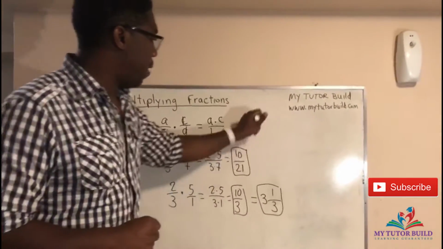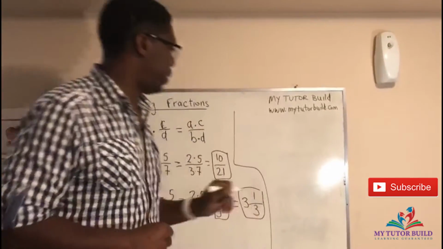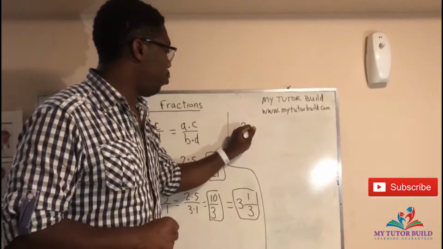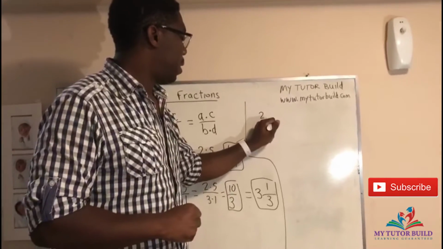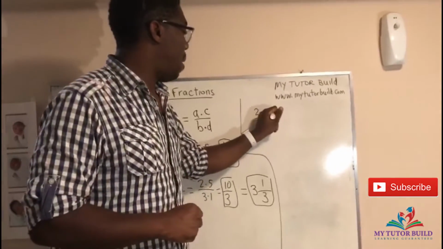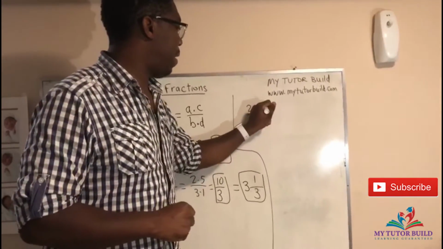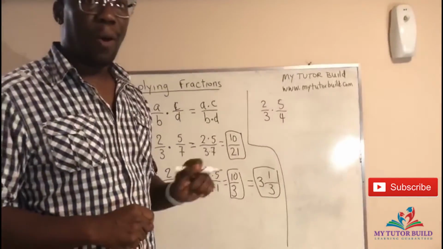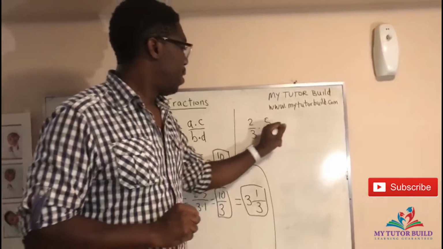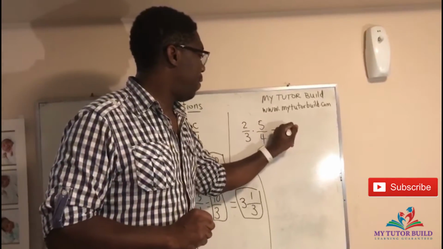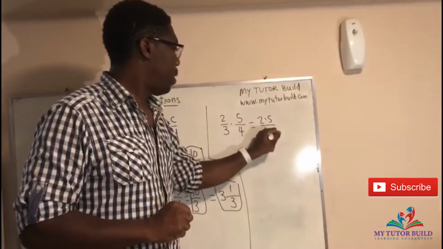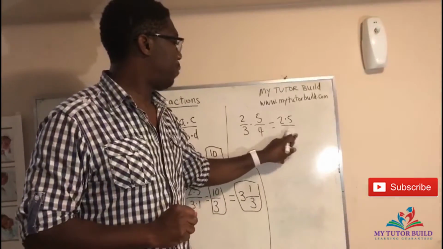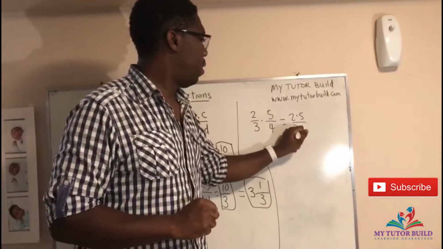I'm going to go over one more example on this side. If we have 2/3 times 5 over 4, when you multiply these two fractions, you have 2 times 5, which gives you 10, and 3 times 4.